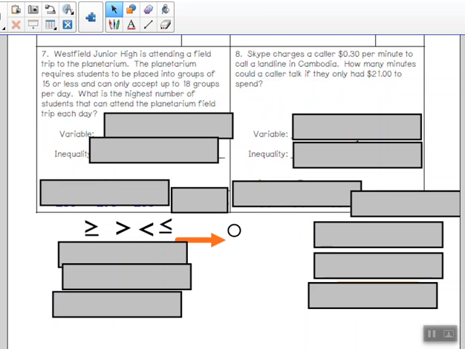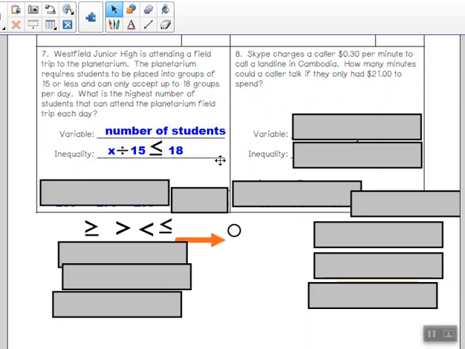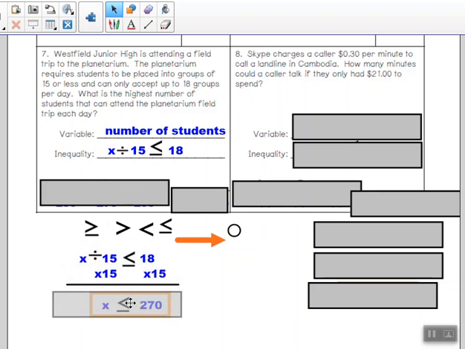In numbers 7 and 8, the variable was the number of students that are going to go on the field trip. The inequality was the number divided by 15. If that is the maximum number of people per group, then the number divided by 15 will tell us how many groups we can have, and we want that to be less than or equal to 18. So if we solve that, that would be what I see down here now.